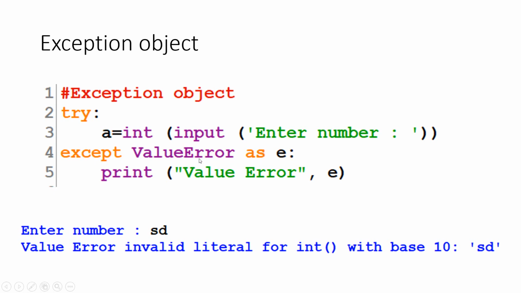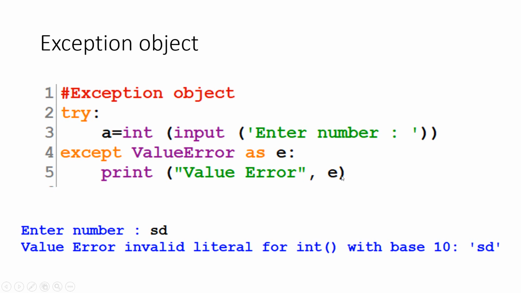Now E is an object, so this value error's properties will also be there in E. Now in the print function we just type the statement value error comma E.